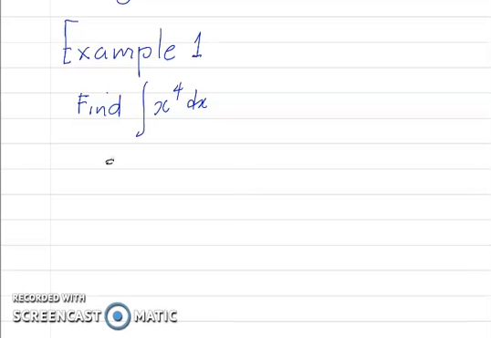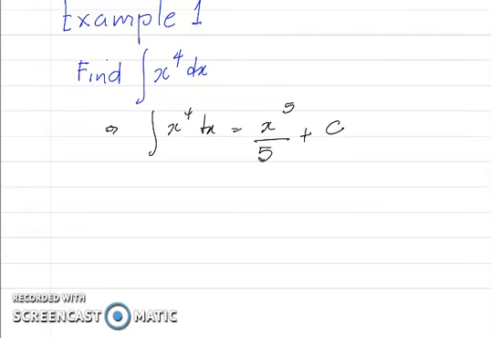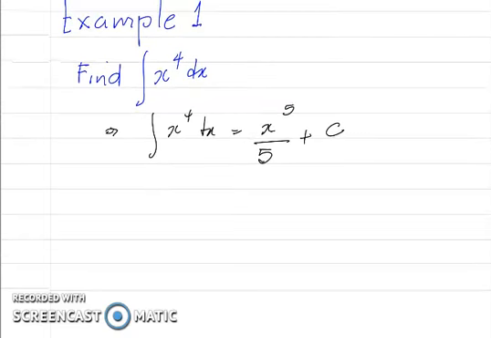So the integral of x to the fourth dx is equal to x to the fifth power, so we increase the power by 1, divided by the new power 5, plus c, which is the constant of integration. All right, let's have a look at another example.